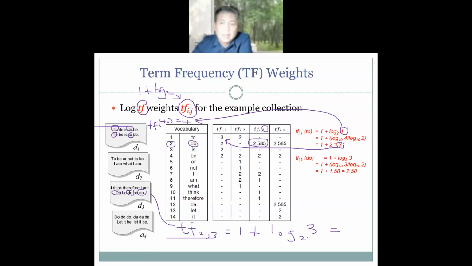So this turned out to be 2.58. So that's why we get this value.